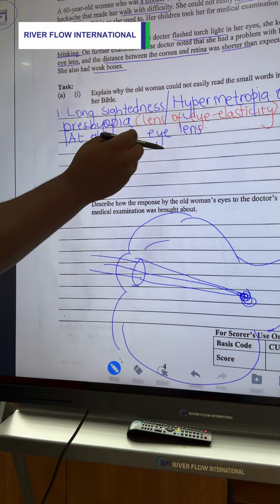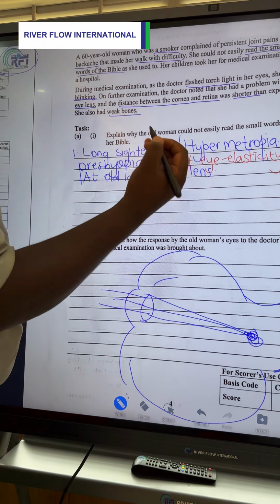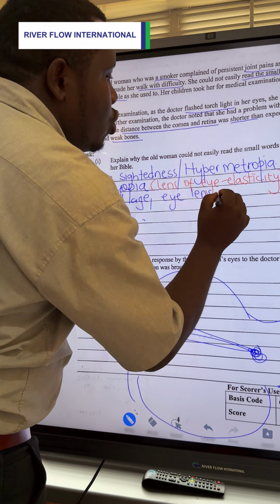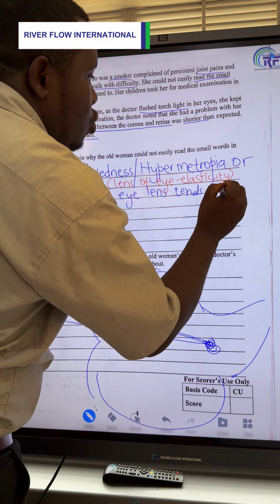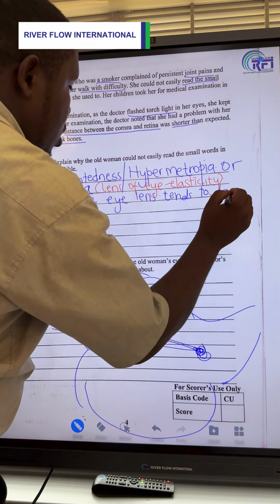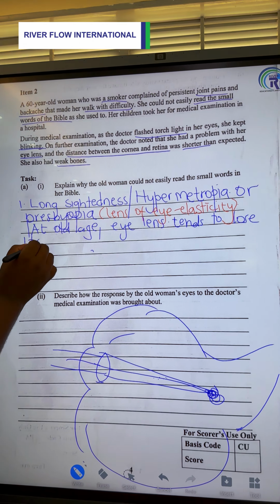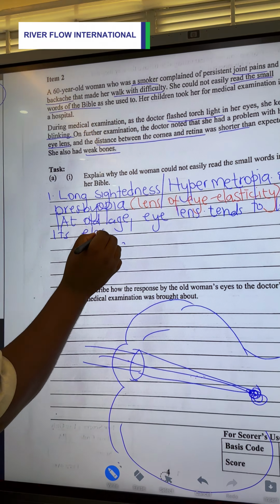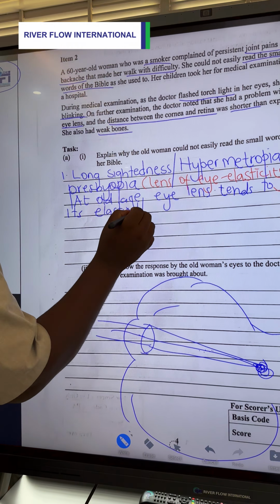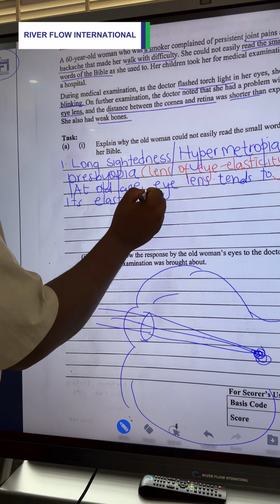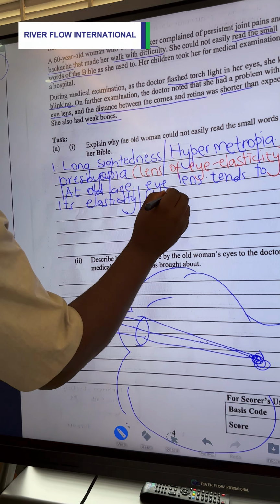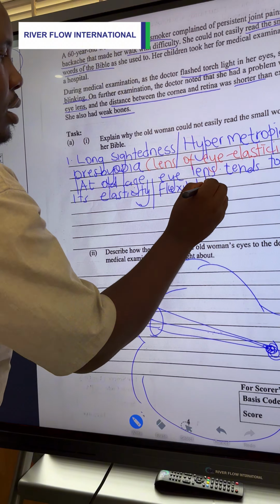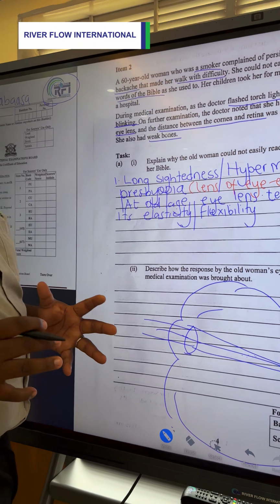Now, that's why I'm saying that at old age, the eye lens tends to lose its elasticity. I could have also said its flexibility. So what does this bring?